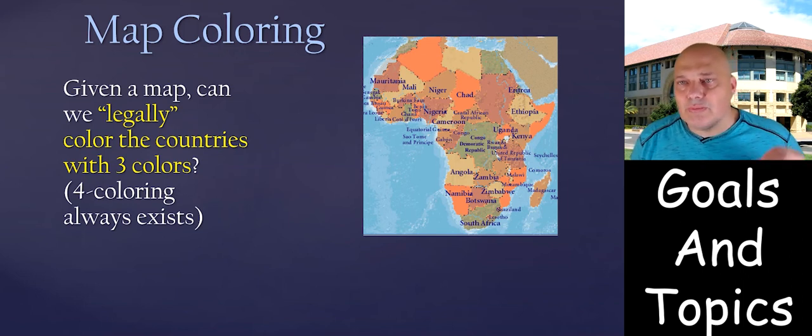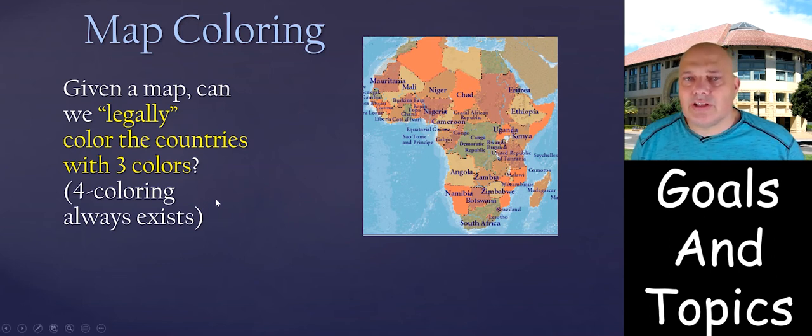And bordering is more than just a corner. So a country doesn't have a real border with a country that has the same color. The question is, can you legally color this with 3 colors?